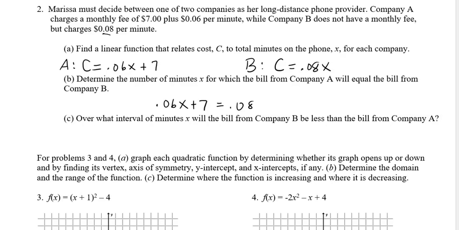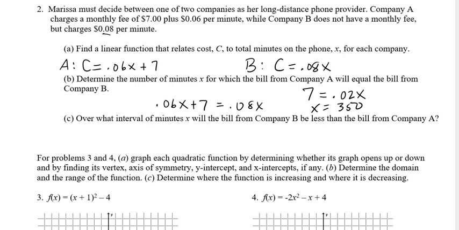So I'm going to subtract 0.06x from both sides, and I get 0.02x. And then you're going to divide by 0.02 on both sides. 7 divided by 0.02 is 350.